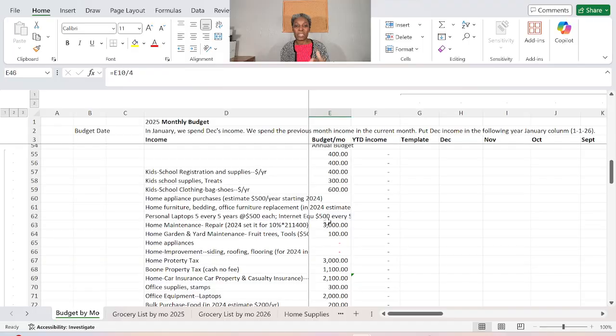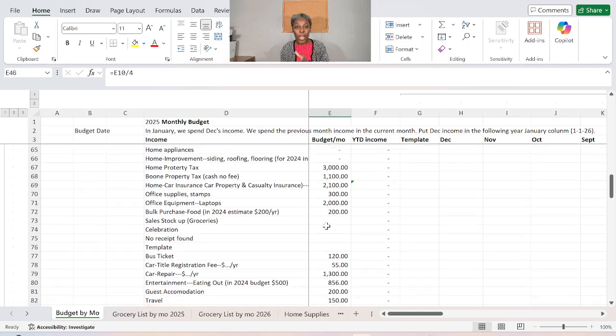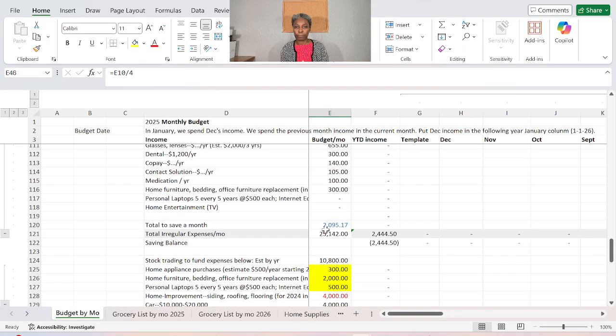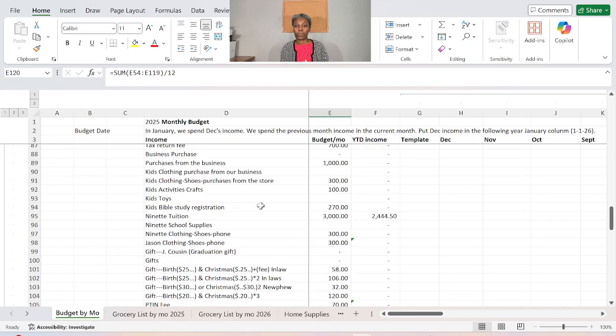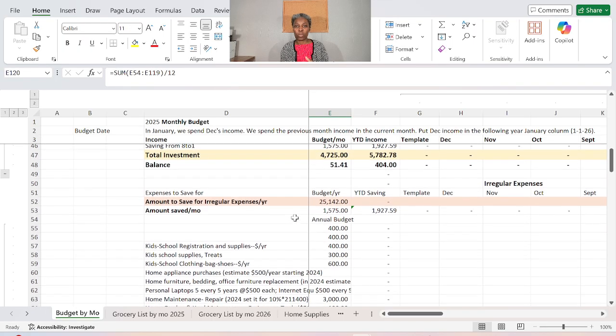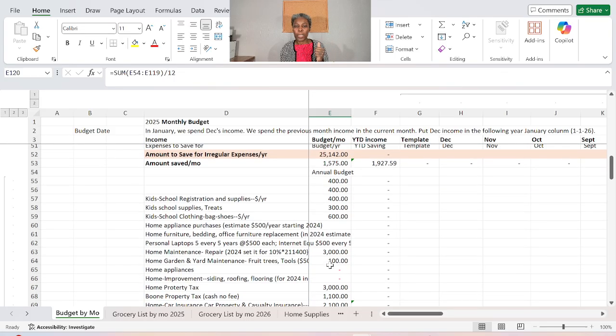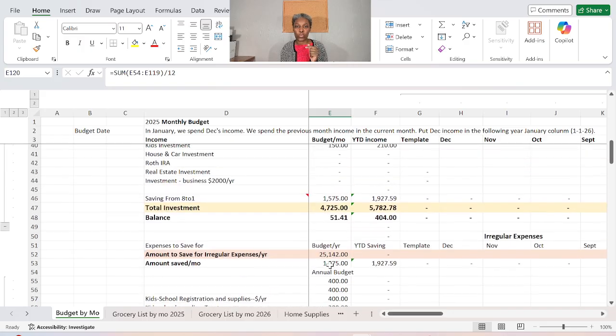Those are things we estimated on an annual basis and then divided by 12. Even though dividing by 12 is a little bit more than what I'm allocating, I think that will work because there are some expenses there that I know are going to fluctuate.